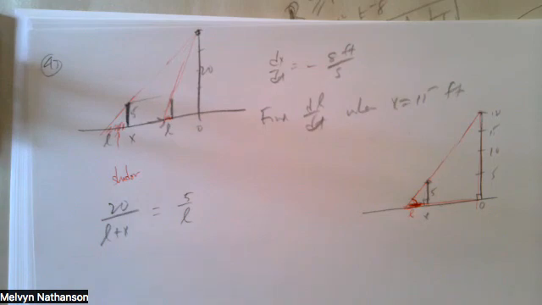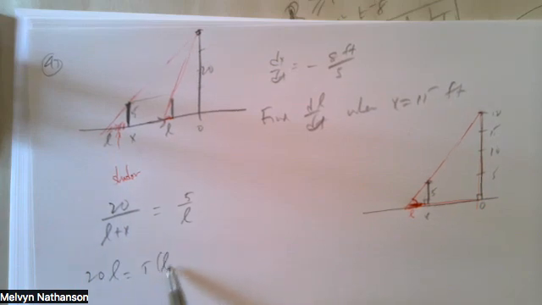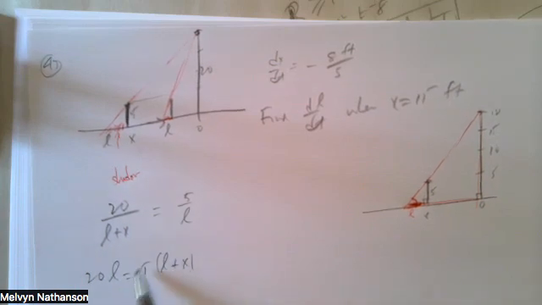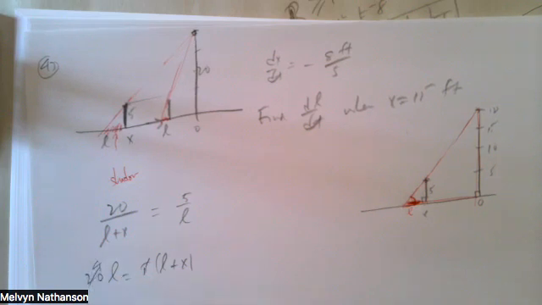So it seems that we can use this equation to relate x and L explicitly. If I cross multiply, 20L is 5L plus 5x. 5 into 20 is 4. So this says 4L is L plus x. So 3L equals x.